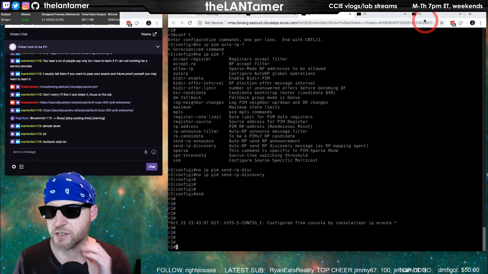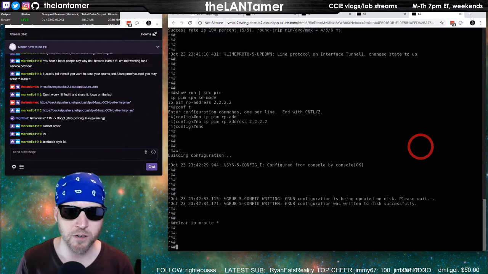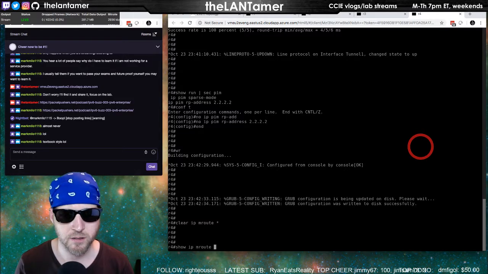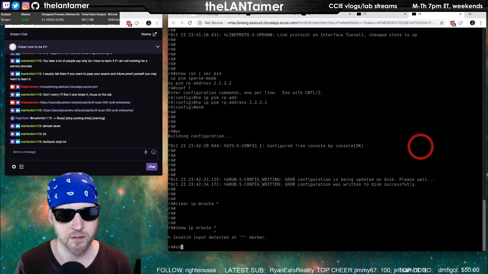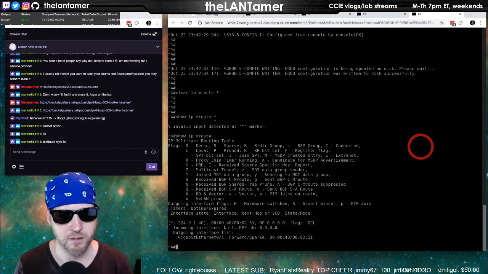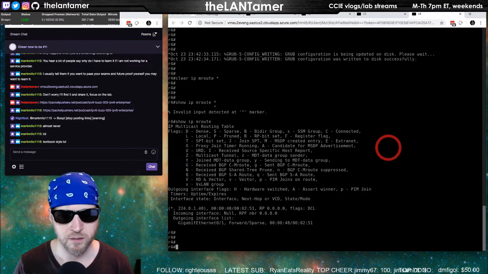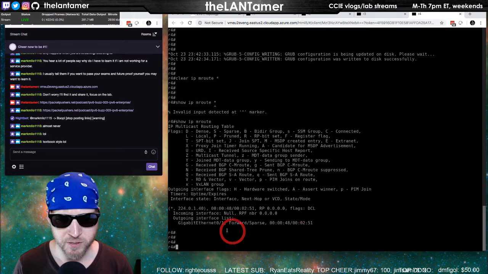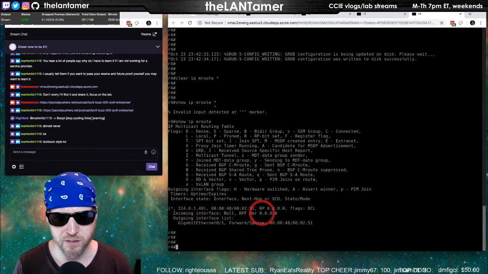So let's do a show IP mroute. We'll start at router 4. What's the timer on this? Okay, incoming is null. Outgoing is Gig 0/1.